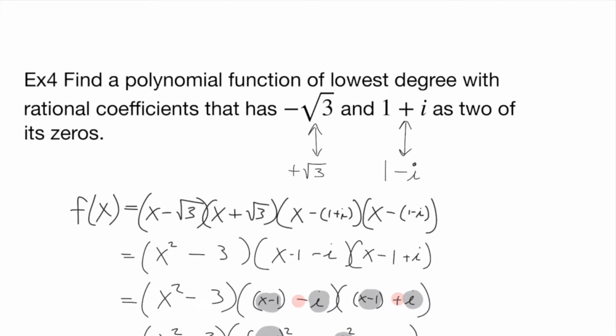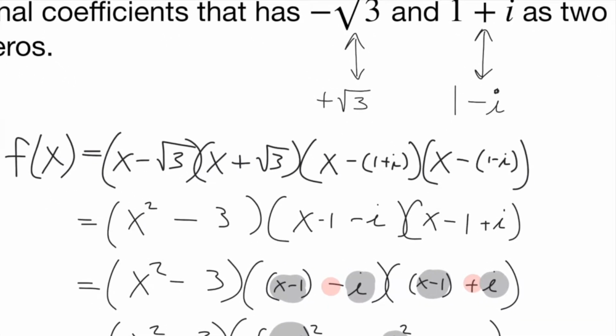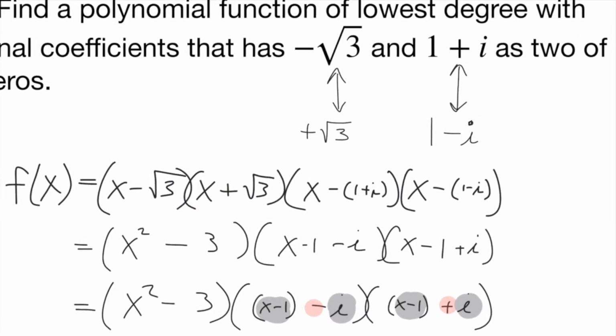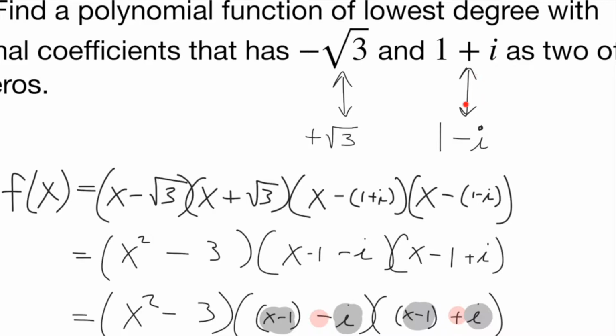So we're going to take these 4 zeros and turn them into a polynomial function. These 2 zeros get turned into this, and the other 2 zeros get turned into this: x minus all the zeros.